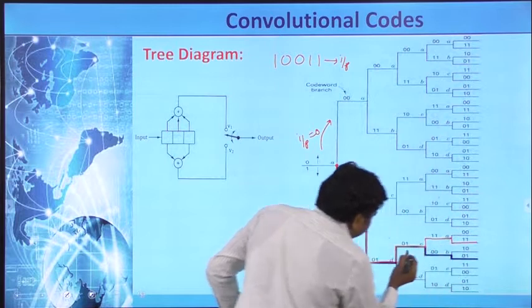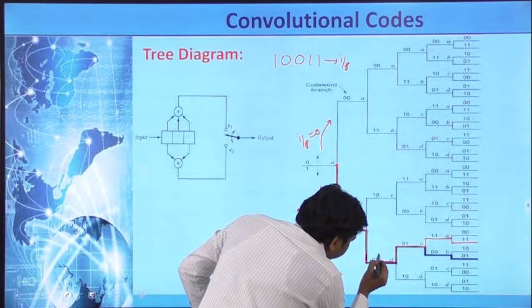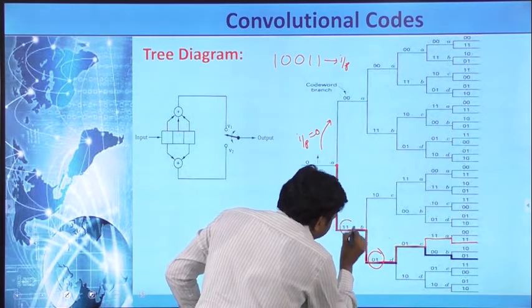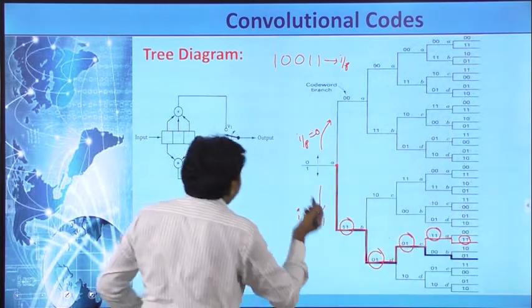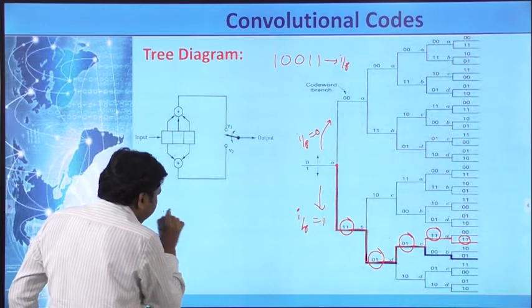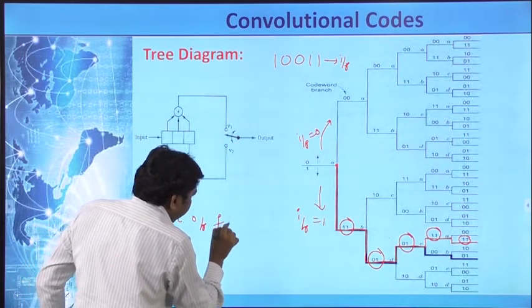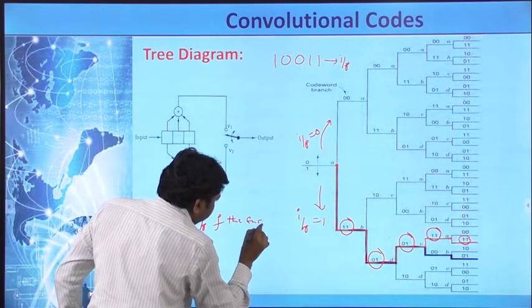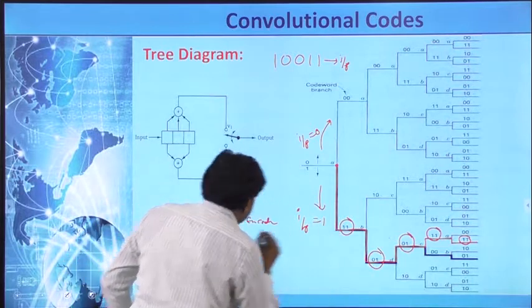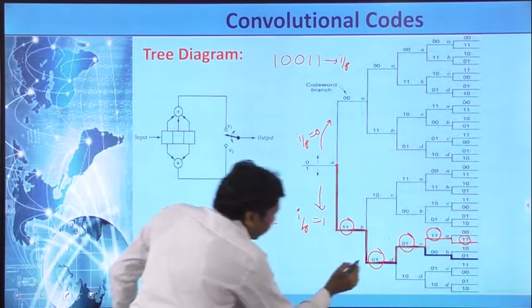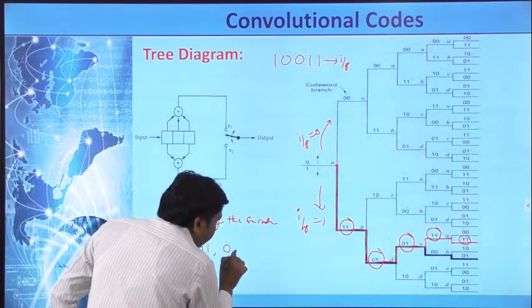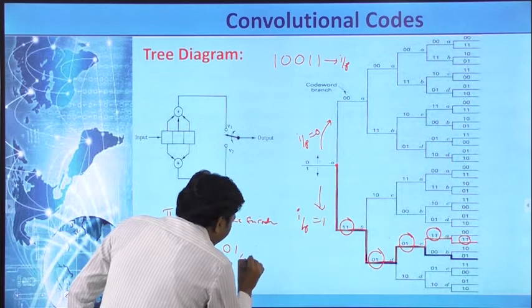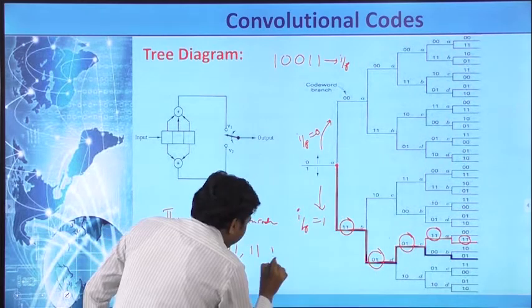So here at the top of this line, we are representing these two as the output bits. These represent the output of the encoder, right? So the output of the encoder along this path is 1 1, then 0 1, then 0 1, then 1 1, then 1 1.